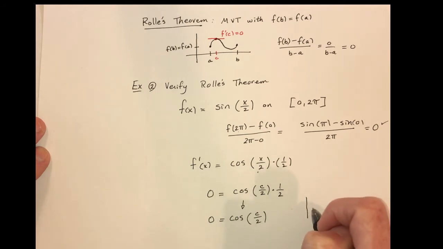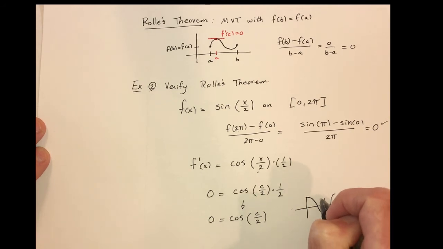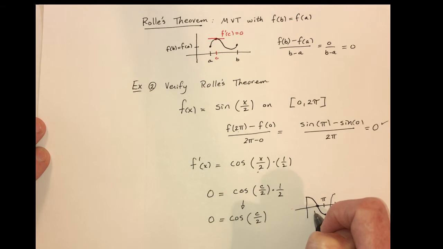Well, the cosine graph looks like this. It starts at 1, it goes down to -1, and then it goes back up, and then here would be 2 pi. Which means right here, that's going to be pi, and where cosine equals 0, that's pi over 2. That means this part in here is equal to pi over 2.